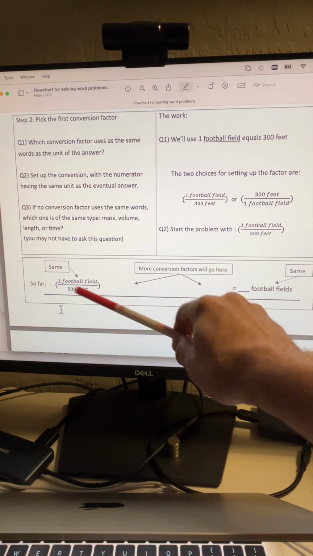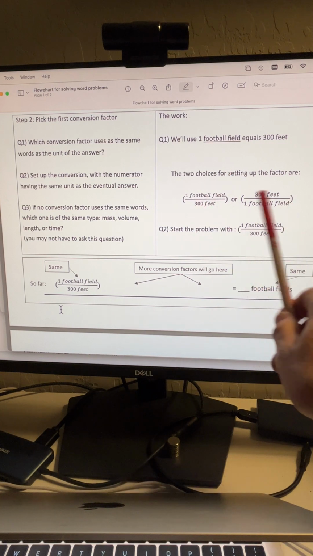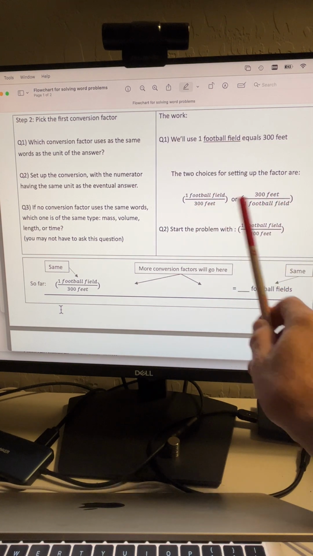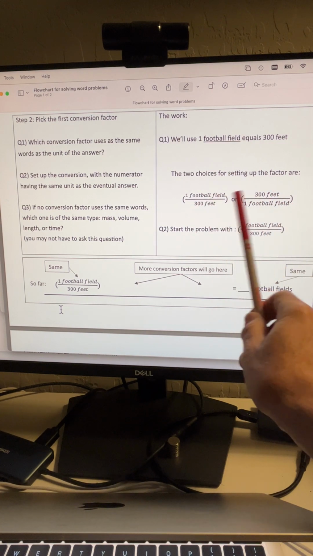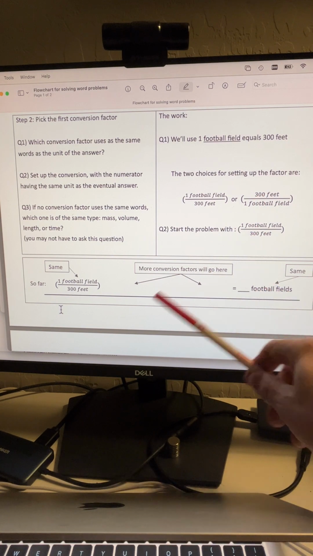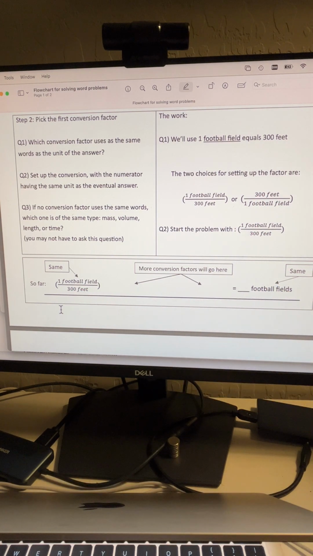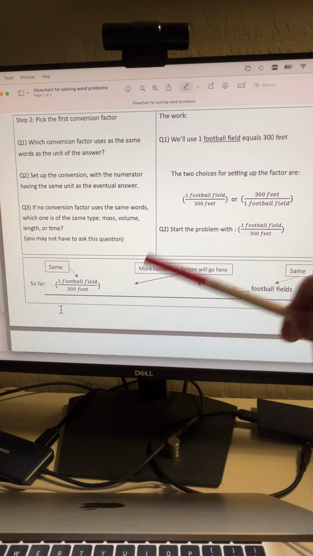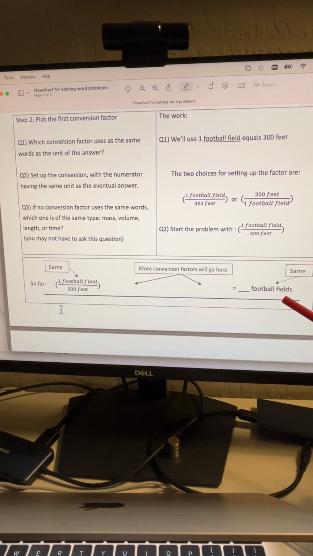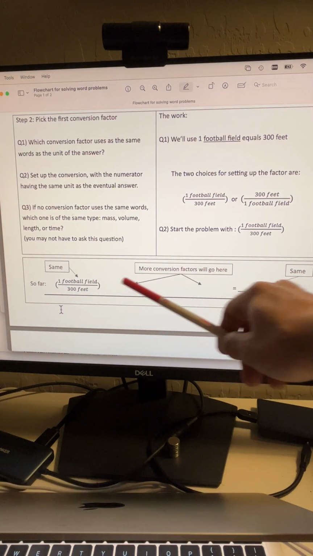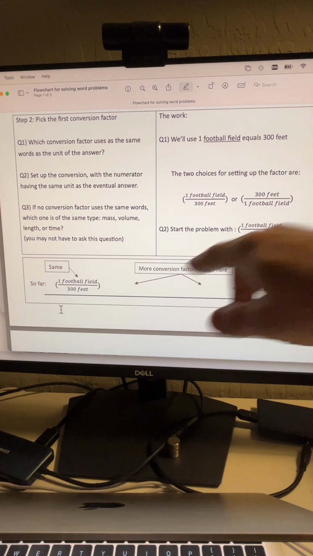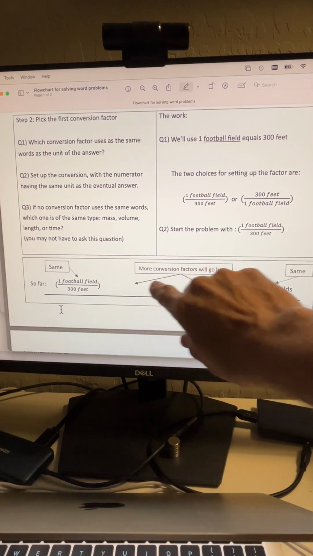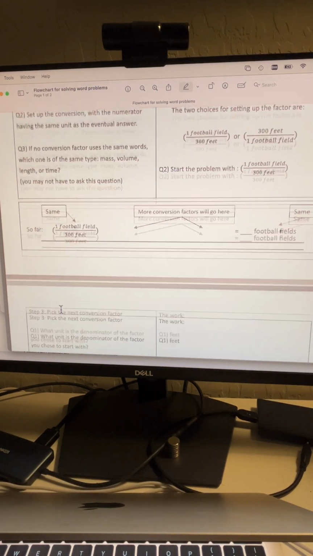That's what that means, and I show it. Here are the 2 possibilities, and we've talked about these in class, and you have to pick one, and that's the right one. So this is the setup, the whole entire thing. And see, same football fields. And at this point, y'all are just fantastic at filling it out from here.